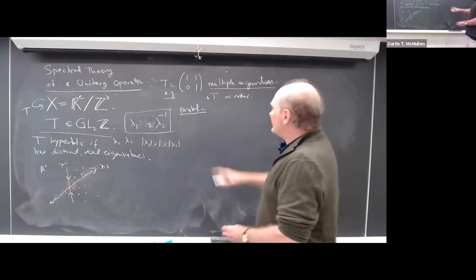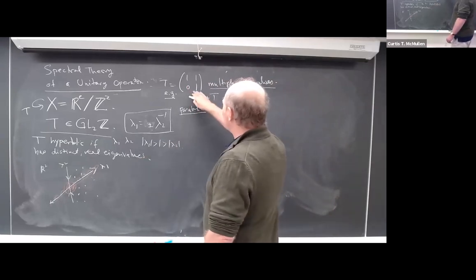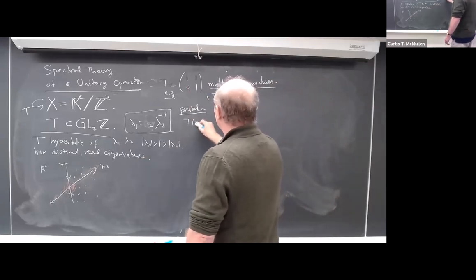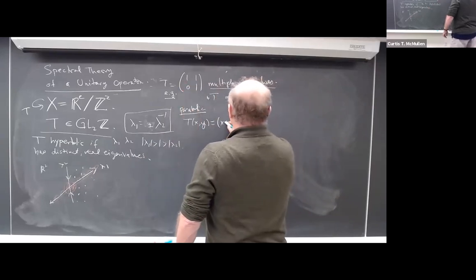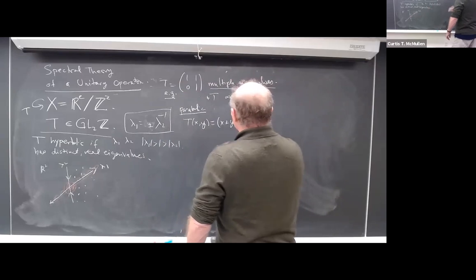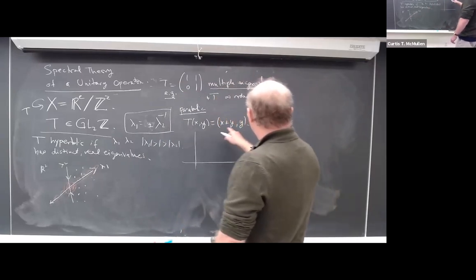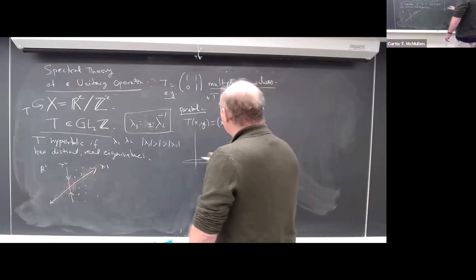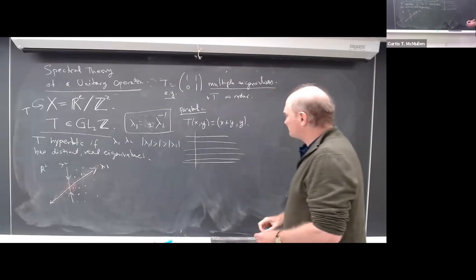So what's happening here is the map preserves one of the coordinates and it's a shear in the other two coordinates. So T of x, y is x plus y comma y. So this parabolic transformation preserves the value of y. So it leaves invariant the horizontal lines in the plane.